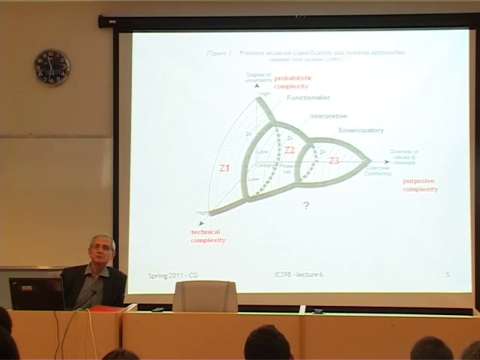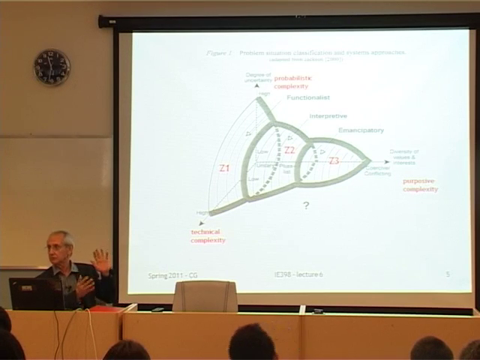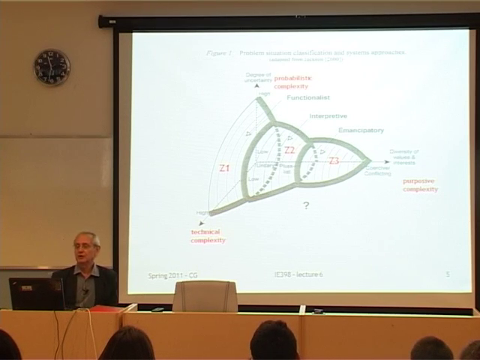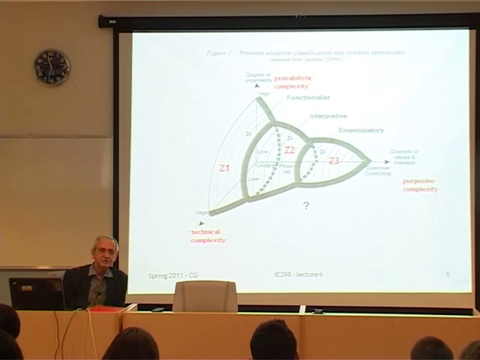emancipatory. The reason why this is confusing is because the sizes of the volumes are different. As you can see, Z1 occupies a greater volume than Z2, and Z2 than Z3. So if you look at Z3, for example, the technical complexity seems to be reduced from this diagram.